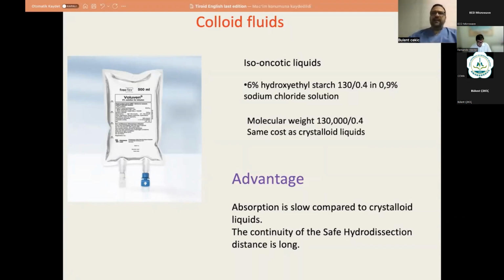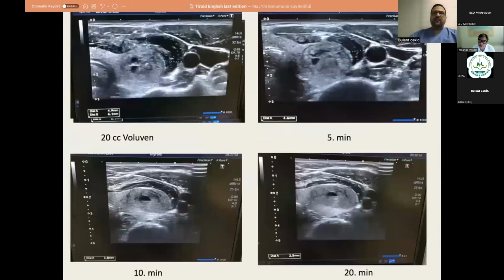It has the same cost as a crystalloid fluid, but the advantage of colloidal fluids is that the absorption is very slow compared to crystalloid liquids, and the continuity of the safe hydrodissection distance is very long. And here's an example of a case.